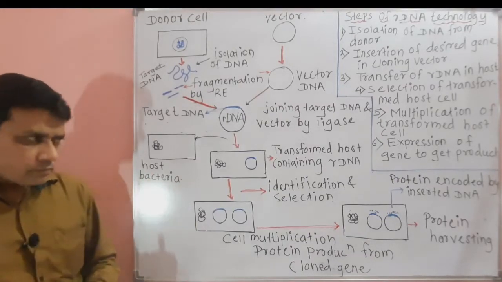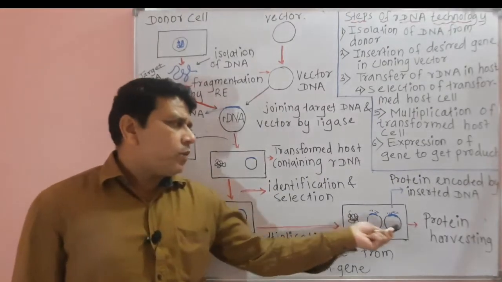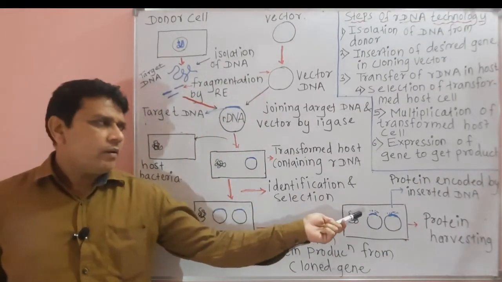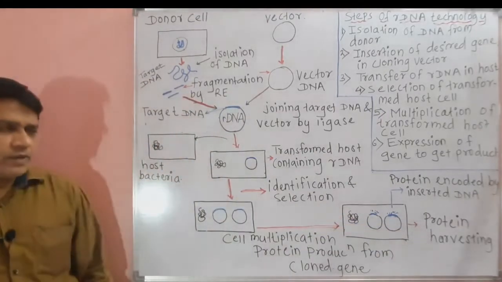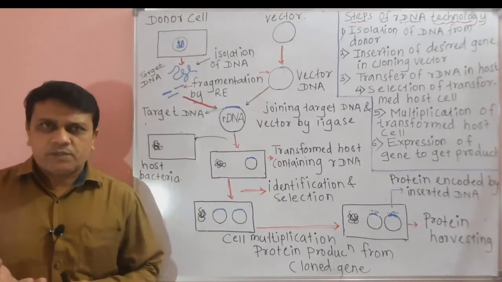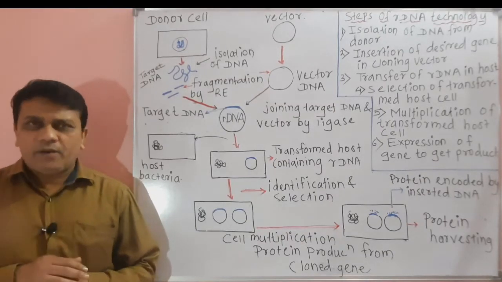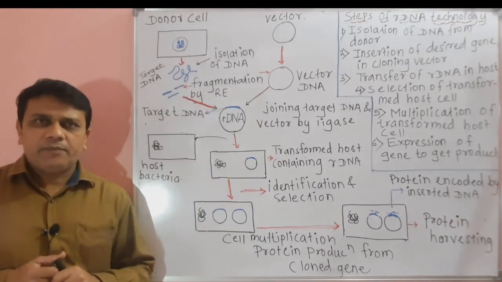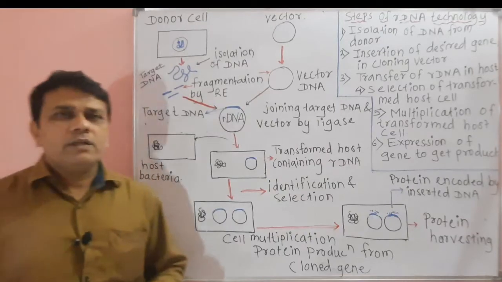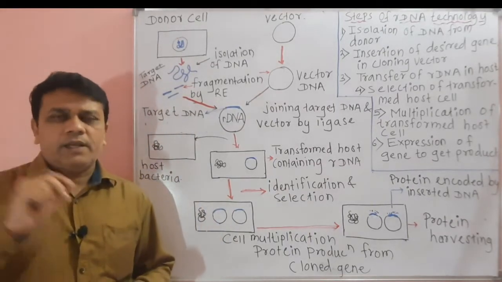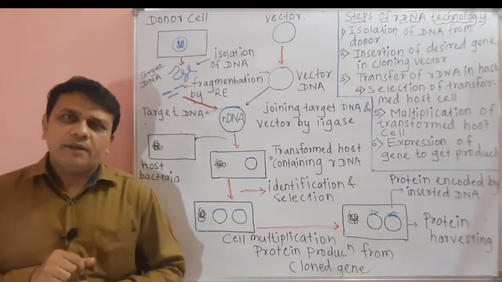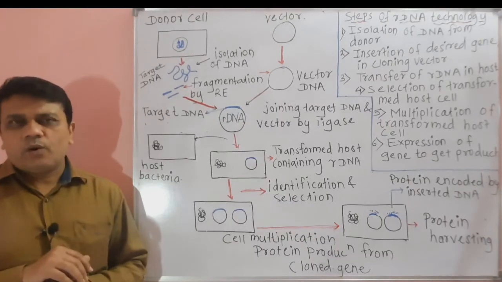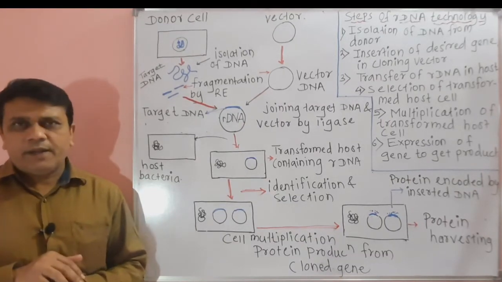Later on, if we need proteins, these proteins are obtained from the transformed cell, and this process is called protein harvesting. Similarly, different kinds of enzymes as well as antibiotics can be produced by the desired gene or DNA. In this way, the foreign DNA is inserted into a desired host, and the process is called recombinant DNA technology.